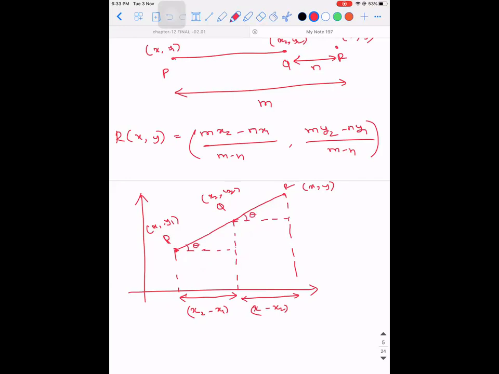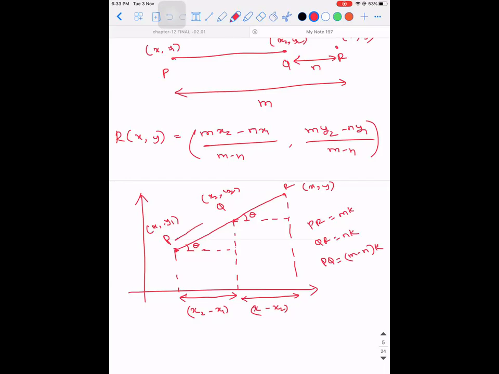Theta, this is also theta. From P to R, PR is equal to MK, QR is equal to NK. Then what is PQ? It is (M minus N) into K. Is that point clear?